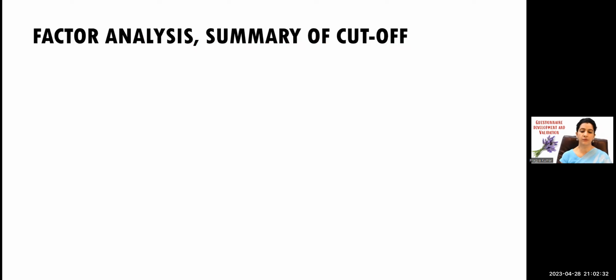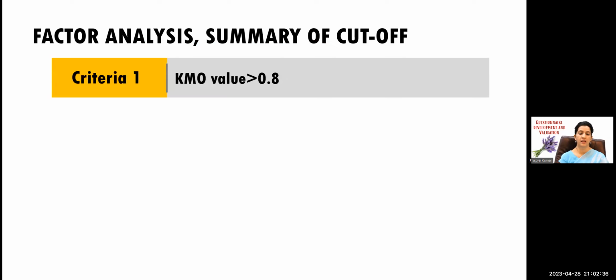Now coming to some cutoffs, we will use these cutoffs in the analysis. The KMO value: what does it measure? It measures sample adequacy. We don't do this for both; we do it only for reflective. It should be more than 0.8.